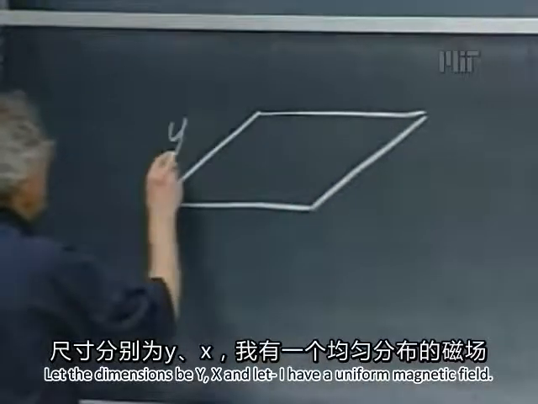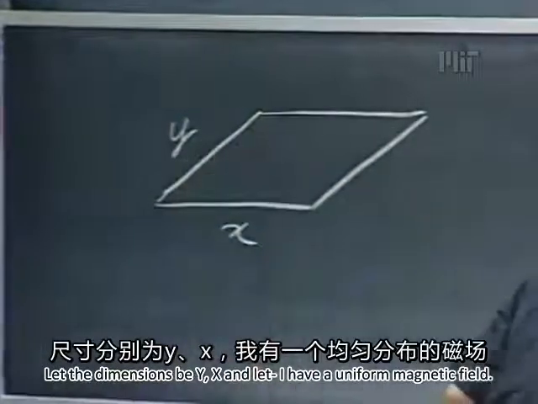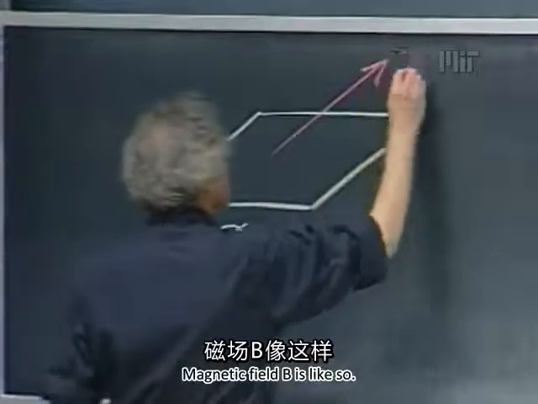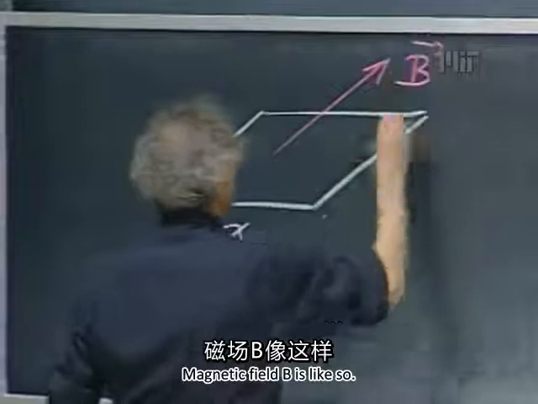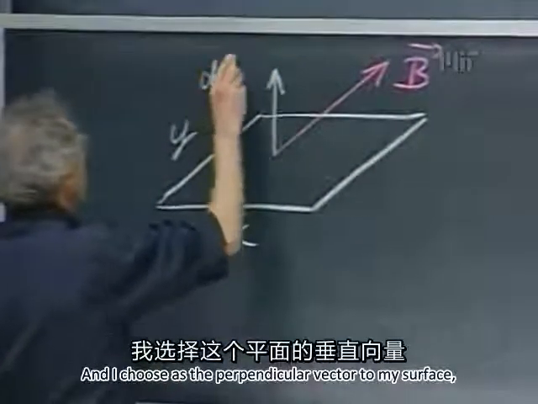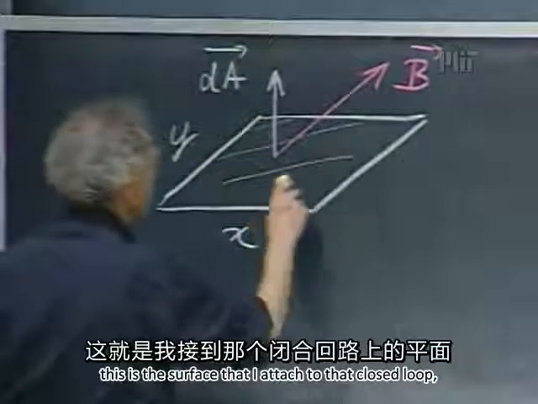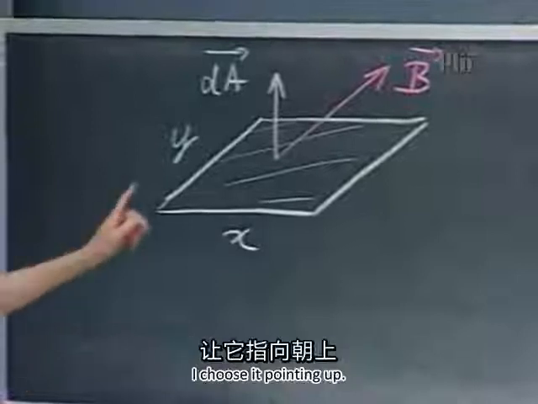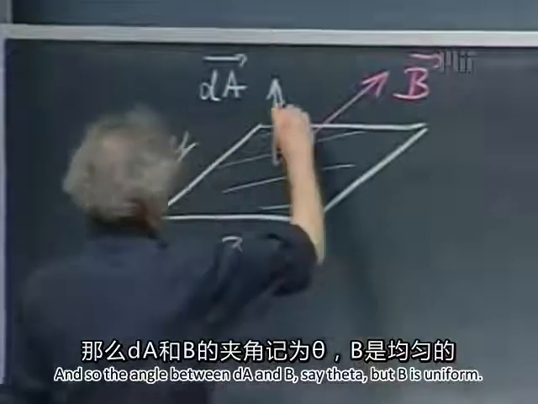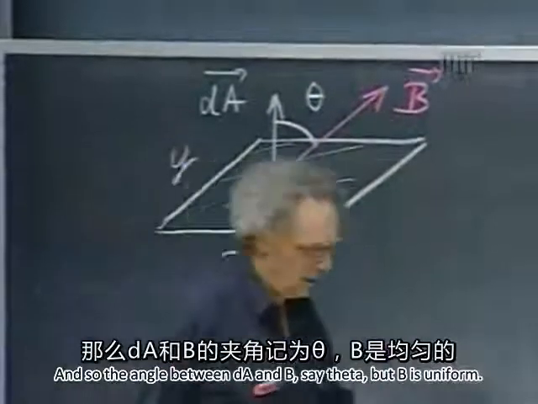Let the dimensions be y, x, and let me have a uniform magnetic field, magnetic field B, like so, and I choose dA as the perpendicular vector to my surface. This is the surface that I attach to that closed loop. I choose it pointing up. And so the angle between dA and B, say, is theta, but B is uniform.